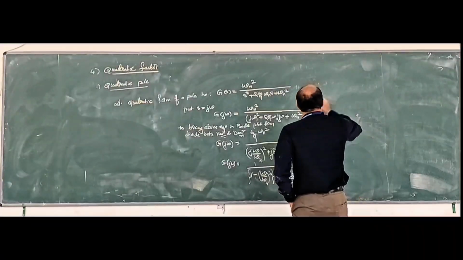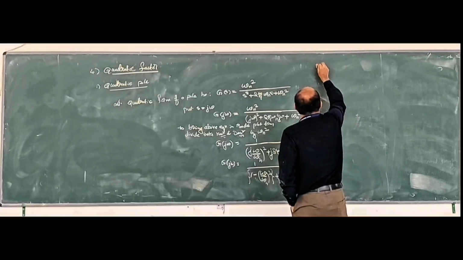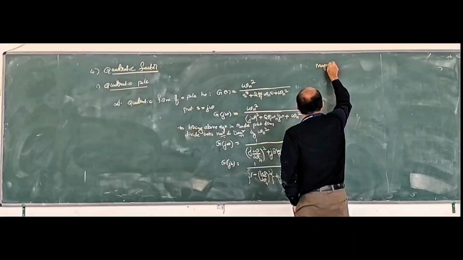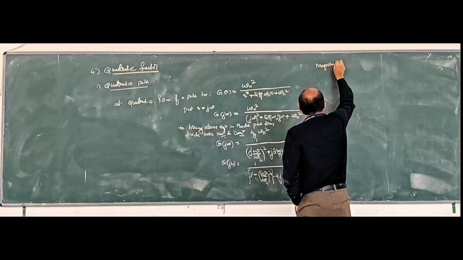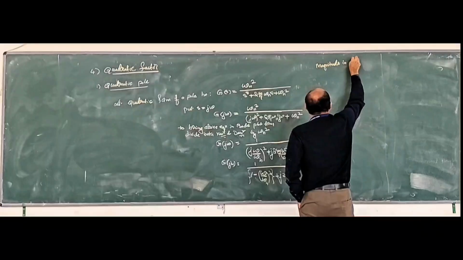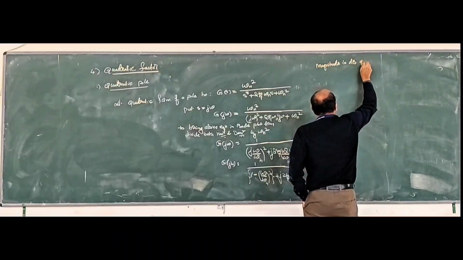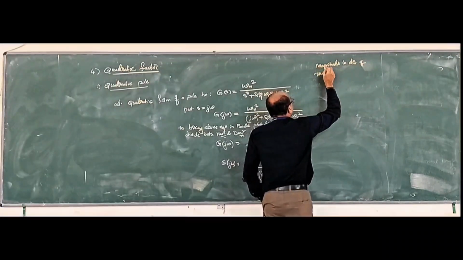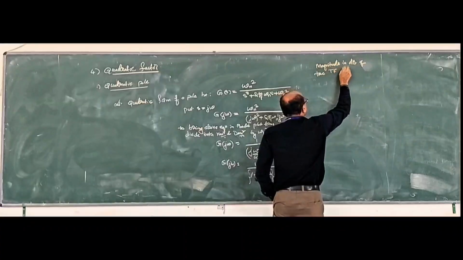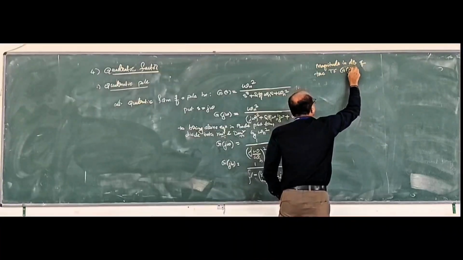Now the log magnitude, or magnitude in dB, of the transfer function G of j omega.